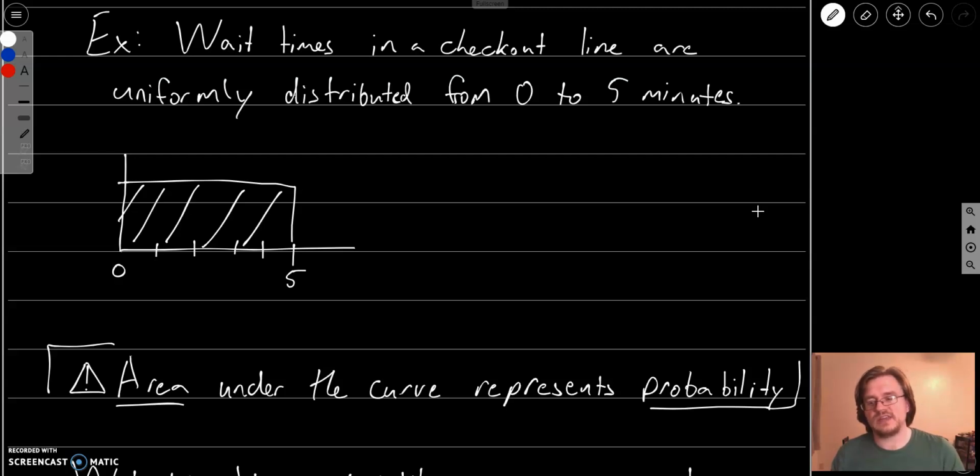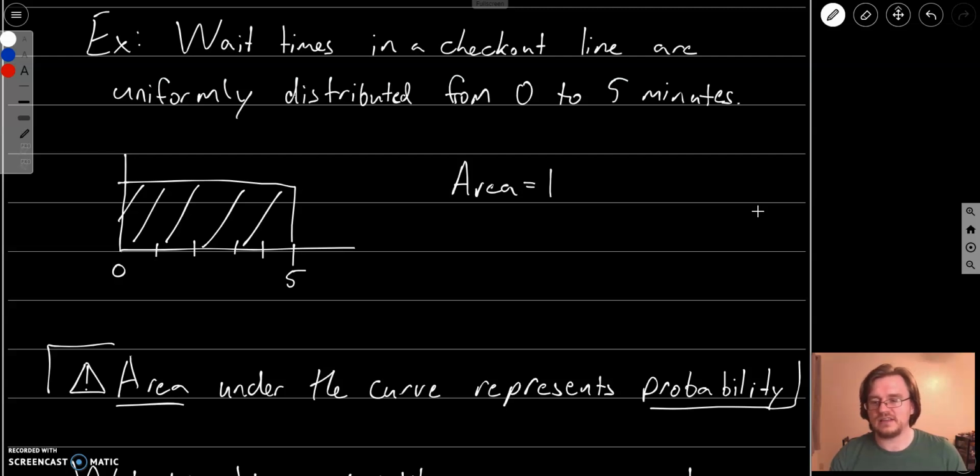This is the area that stretches from 0 to 5. Every single wait time is going to be between 0 and 5 minutes, so the area of this rectangle should be equal to 1, since this is the probability.